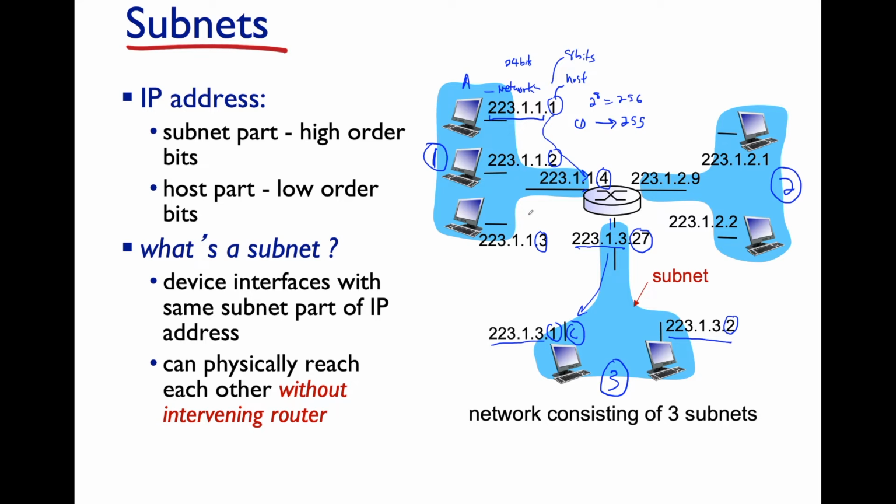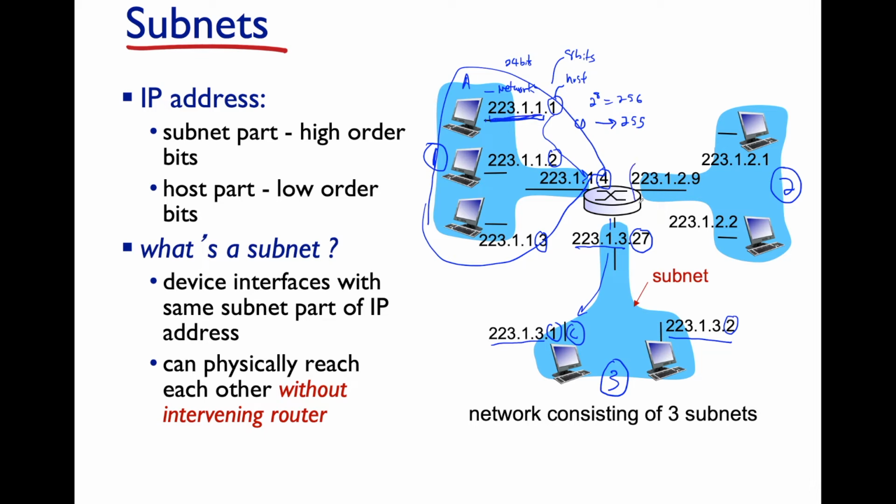So here we have subnets, and you might be asking, well, what's actually a subnet? A subnet has all the device interfaces that contain the same subnet part of the IP address. So here, all of these devices in this upper left subnet share the same network address or subnet address, 223.1.1.